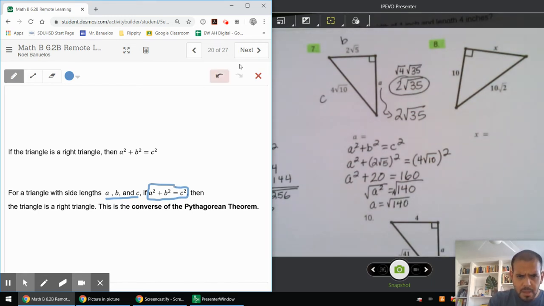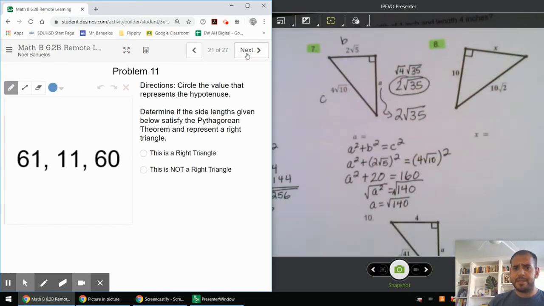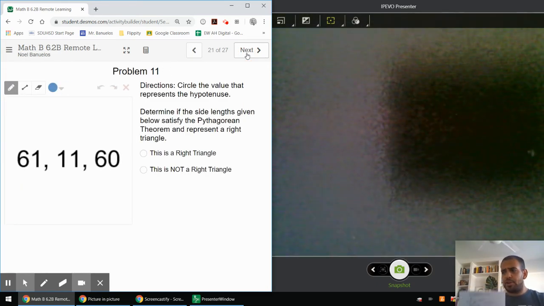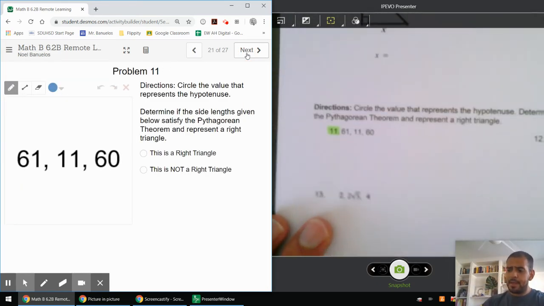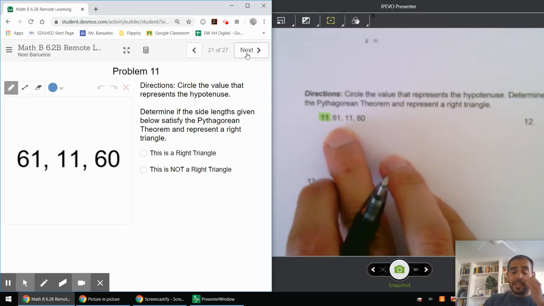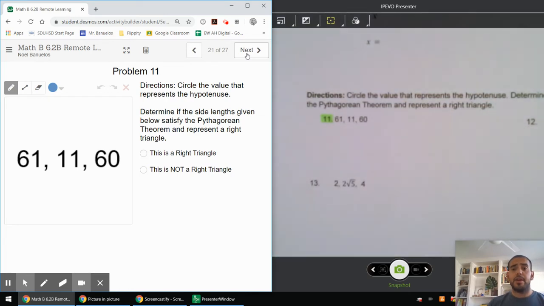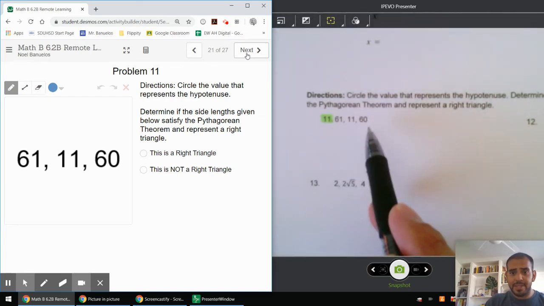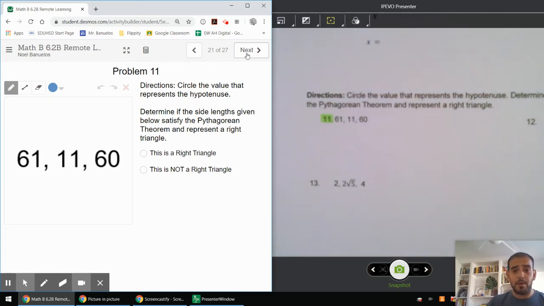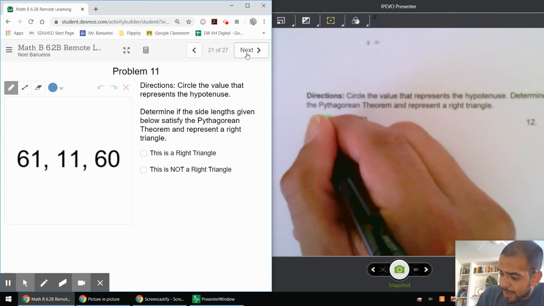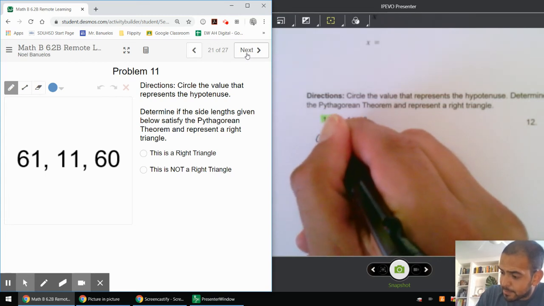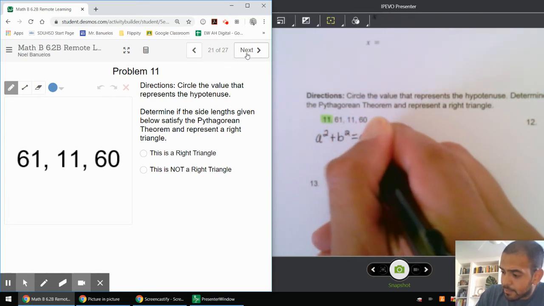So in these problems, basically, is what I'll show you here. These are 3 side lengths, 61, 11, 60. And you're trying to prove that these 3 side lengths can form a right triangle. The only way you can prove that is by showing that a squared plus b squared is equal to c squared.